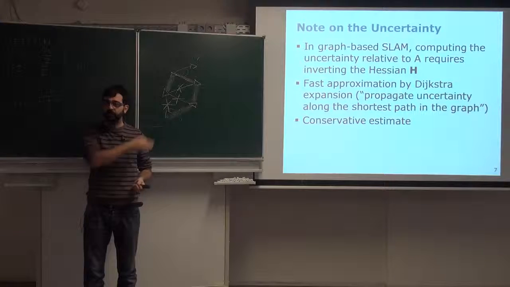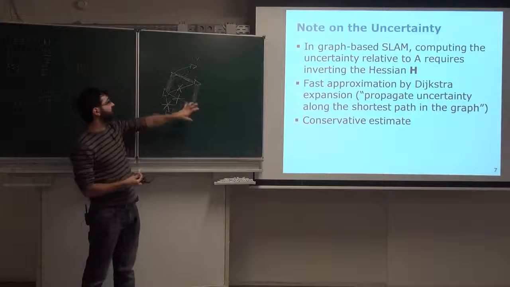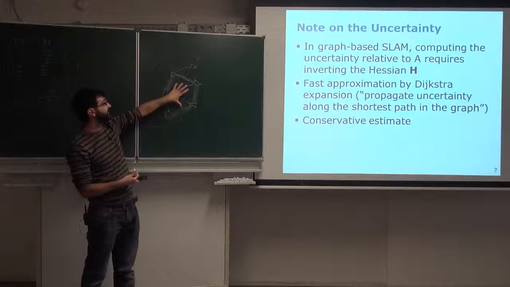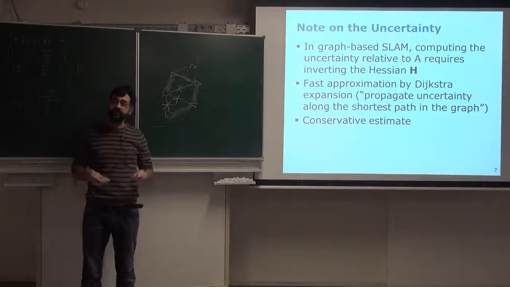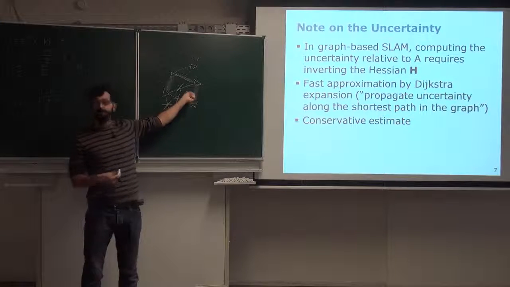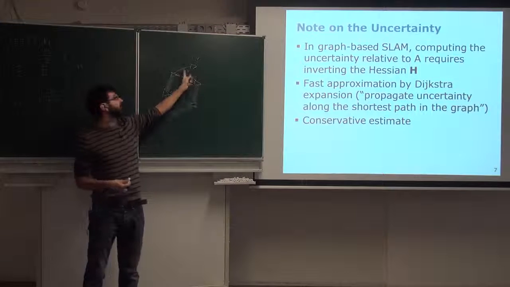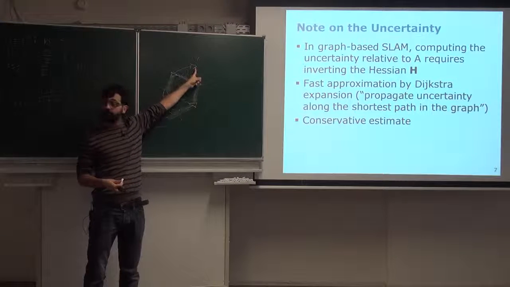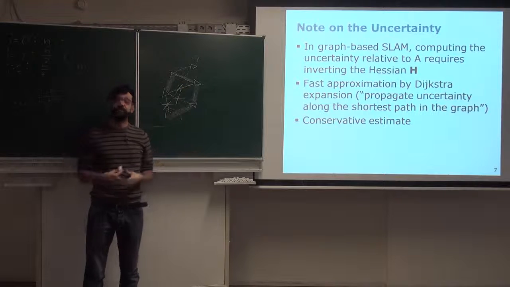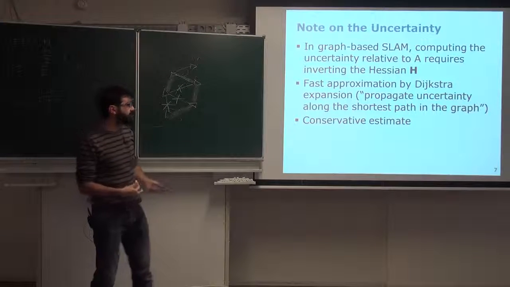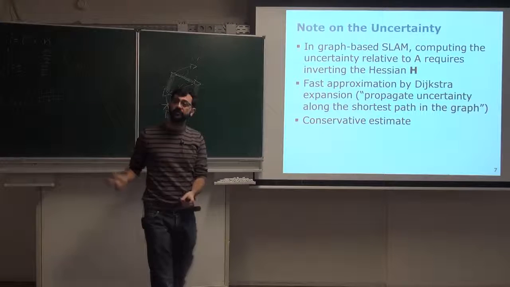We're not going to do it, just believe me, but basically optimizing a tree or going over the path comes to the same solution. This is a rough approximation: if you are very close to the pose, it's not too bad, but if you are far away, it's getting larger and larger. The effect that you have here is that you have an estimate which is quite conservative.